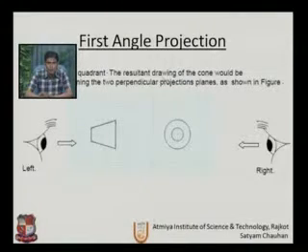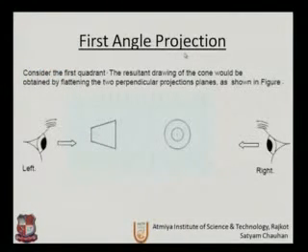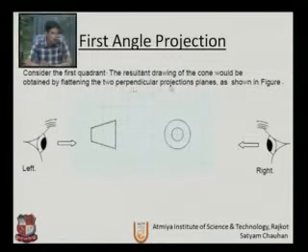and so it is called first angle projection. Consider the first quadrant. The resultant drawing of the cone is obtained by flattening the two perpendicular projection planes, as we have seen before. In the first quadrant, if we are looking from the left, the side view will be drawn on the right side.